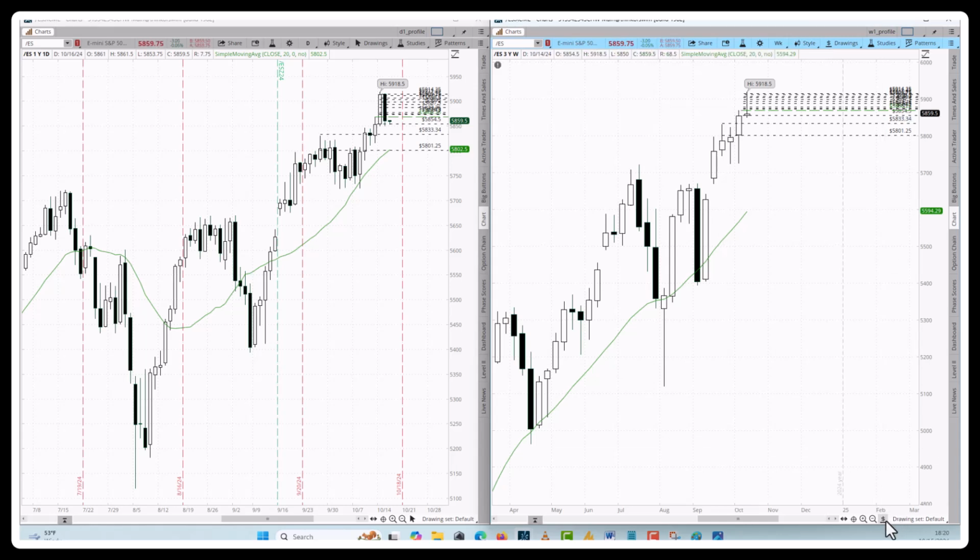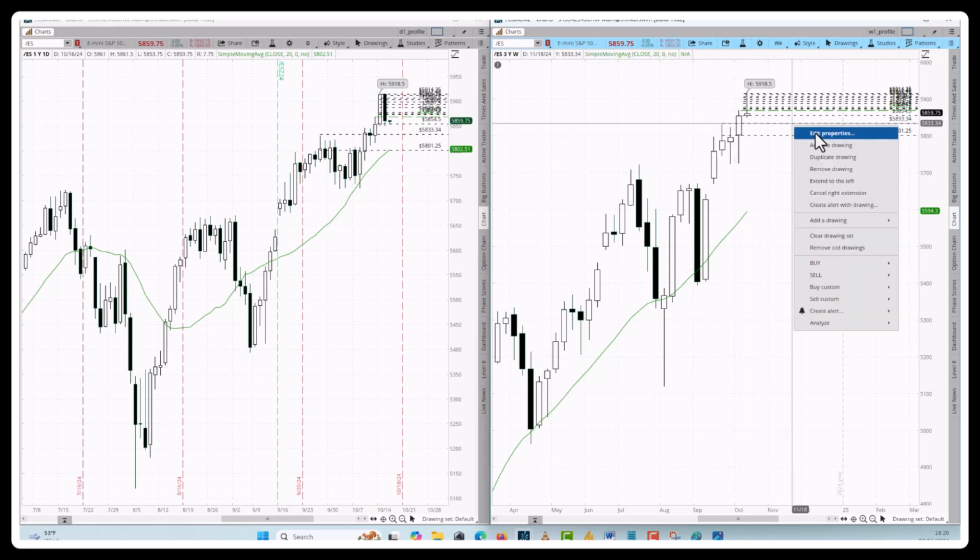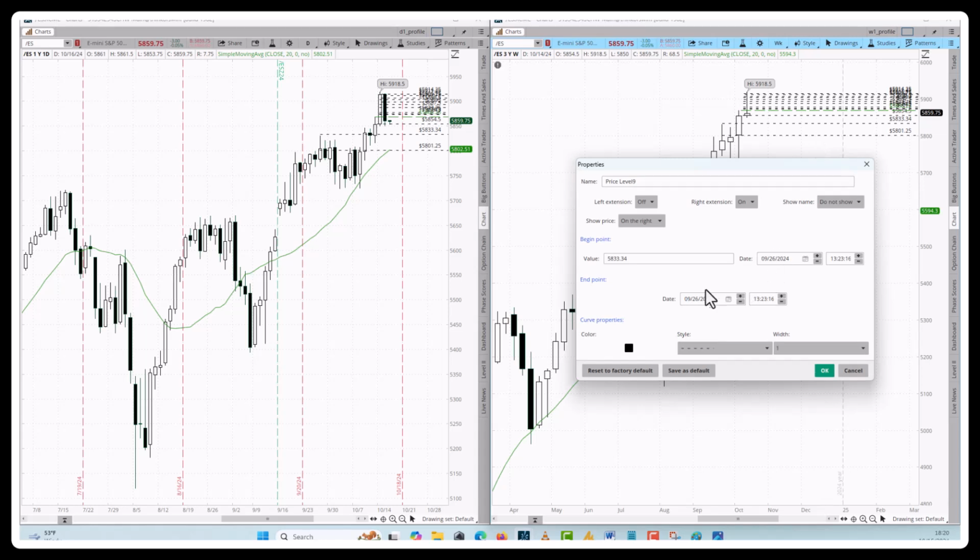But if we look right here, watch for this level on 50-30. It's a very key level. We give it a color code, it is weekly.